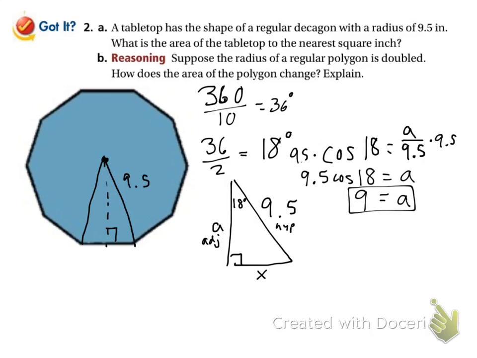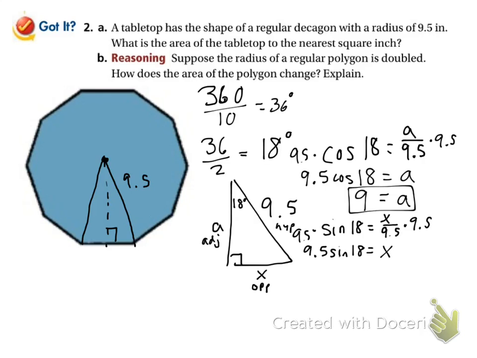Then I got to do it again to figure out my side length. So if I put in my x there, that's my opposite side. So if I use opposite and hypotenuse, that's sine, right? So the sine of 18 is equal to x over 9.5. Multiply both sides by 9.5. So 9.5 sine 18 is equal to x.